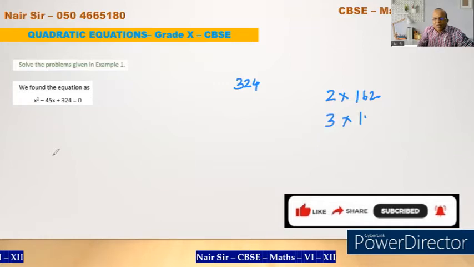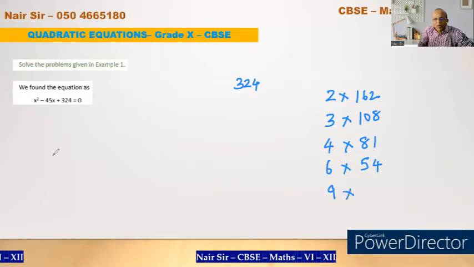3 into 108 doesn't give me anything. 4 is possible, 4 8s are 32, but no. 5, it doesn't go. 6, okay, 6 5s are 30 and 6 4s are 24. 7, no. 8, no. 9, 9 into 36, 9 4s are 36.